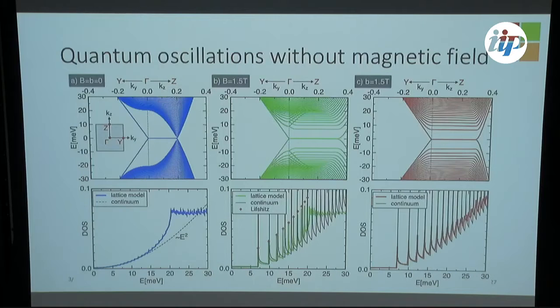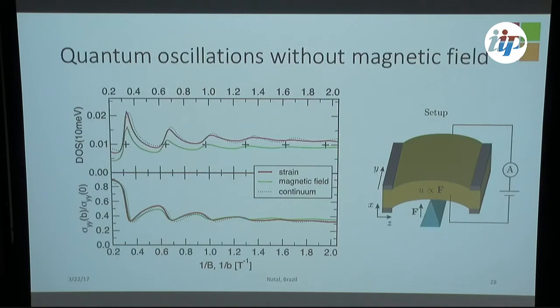We can also look at more conventional signatures, like density of states or conductance, as a function of applied field or pseudomagnetic field.